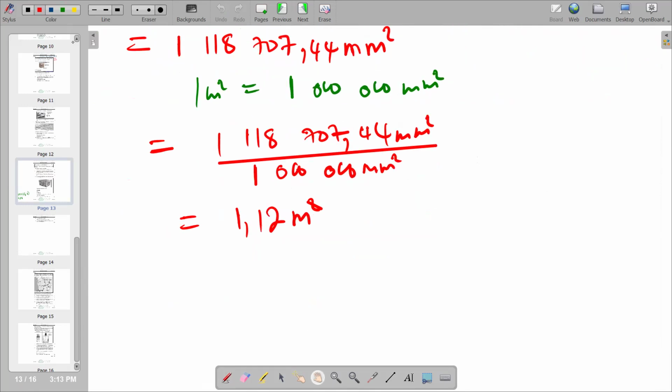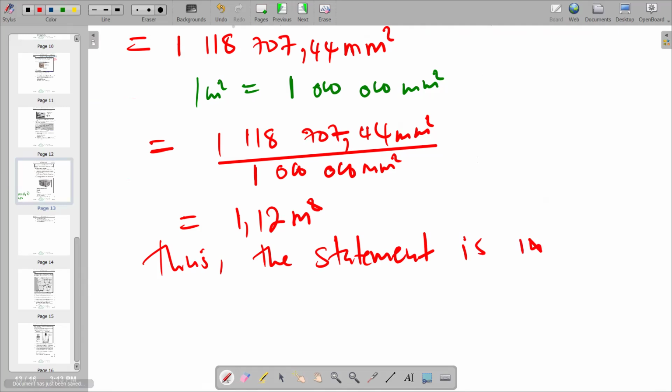So therefore, we are saying thus the statement is invalid. So basically, this is going to be our response on that. So that's what we have.